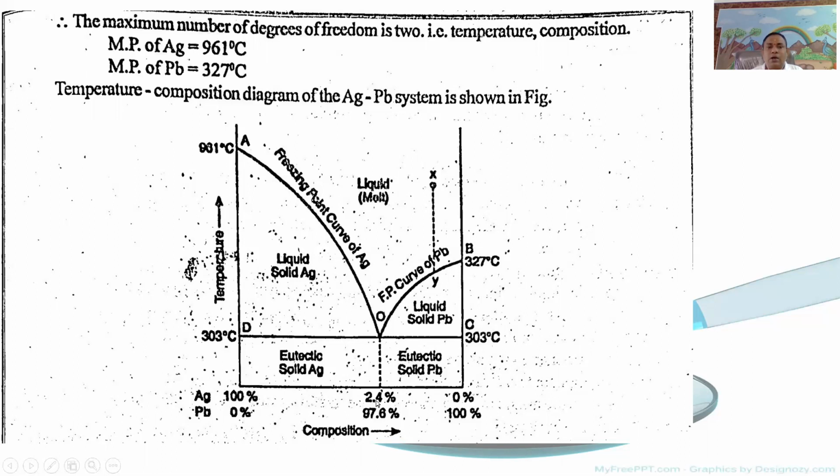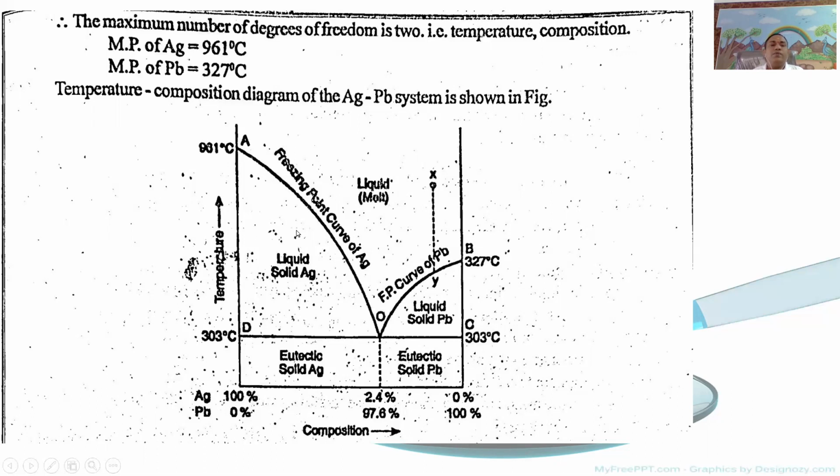At a certain composition, that is 2.4% silver and 97.6% lead, the mixture is called the eutectic mixture. At this eutectic mixture, the melting point of the alloy is 303 degrees centigrade. Then at the complete right, silver is 0% and lead is 100%.